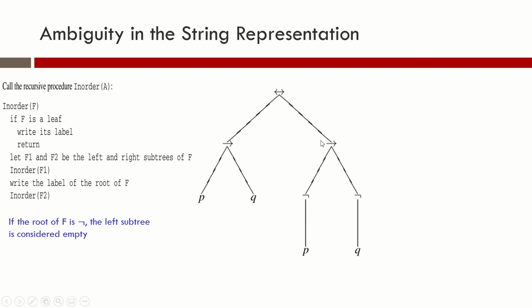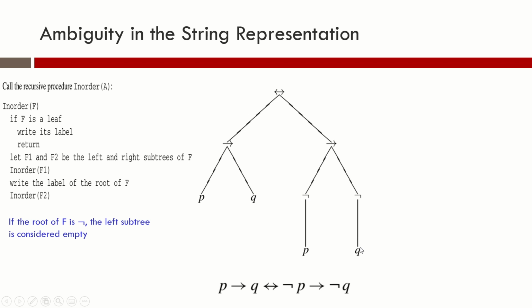So we get negation P implies negation Q. So this will be the formula: P implies Q, equivalence, negation P implies negation Q.